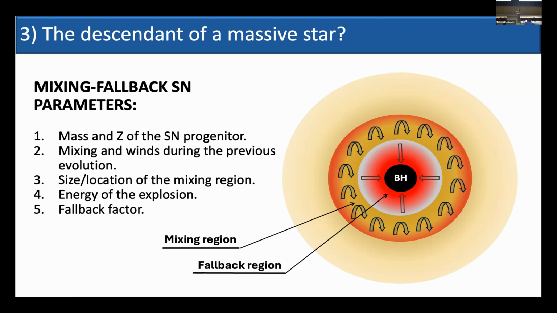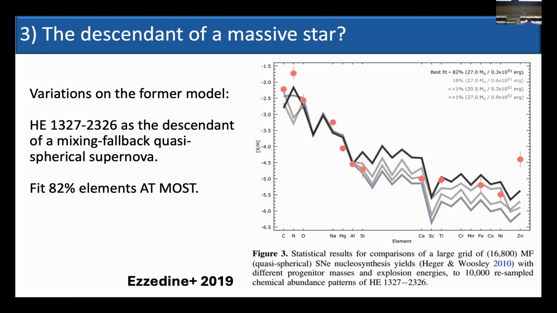So these mass limits can change. Of course, the mass limit for the formation of the black hole may change. The energy of the explosion changes and changes the nucleosynthesis. So altogether, there are many parameters. And of course, you can get very different results.